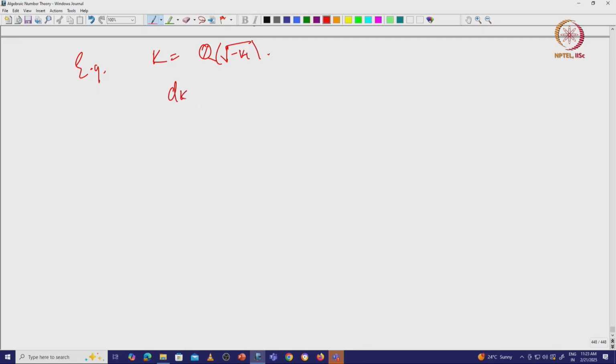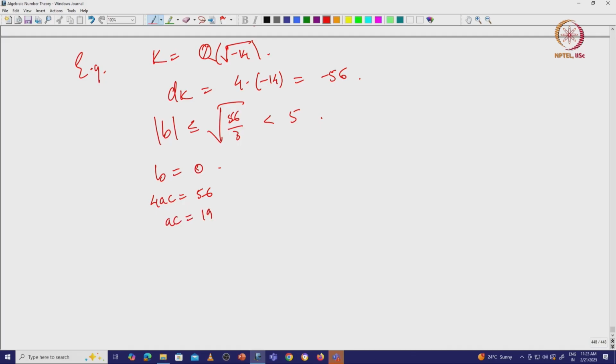Here the discriminant is 4 times minus 14, which is minus 56. So the absolute value of B is less than or equal to square root of 56 by 3, which is less than square root of 19, so it is certainly less than 5. You can take B to be 0, in which case 4AC is 56, which means that AC is 19.